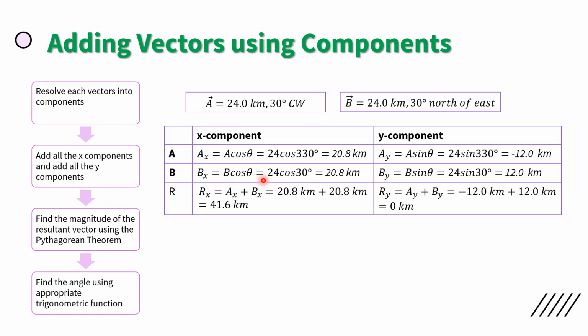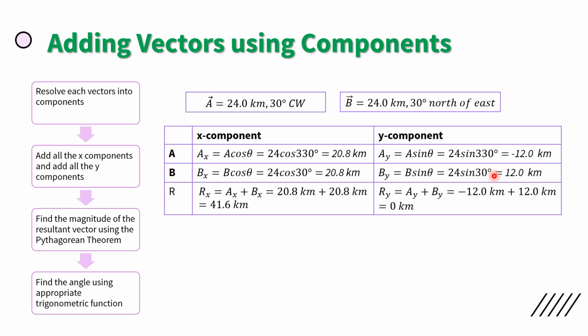So we have here 24 kilometers cosine 30 degrees, which is equivalent to 20.8 kilometers. And then we have the y component of B, which is equal to b sine theta. We have 24 sine 30 degrees, which is equal to 12 kilometers. So both the x and y components of B are positive.